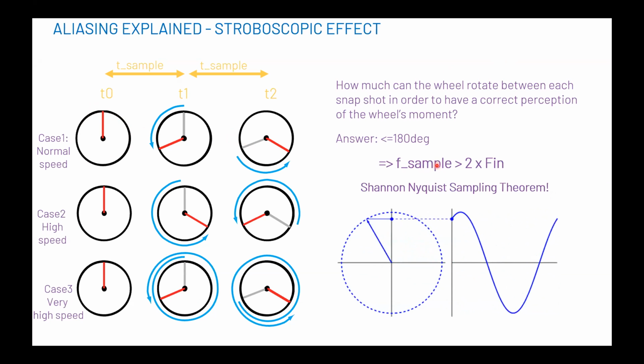In other words, we need to sample at twice the frequency of rotation. This is called the Shannon-Nyquist sampling theorem. You would have all studied this, wherein in order to sample something correctly, we have to always make sure that our sampling frequency is greater than twice the maximum input frequency.